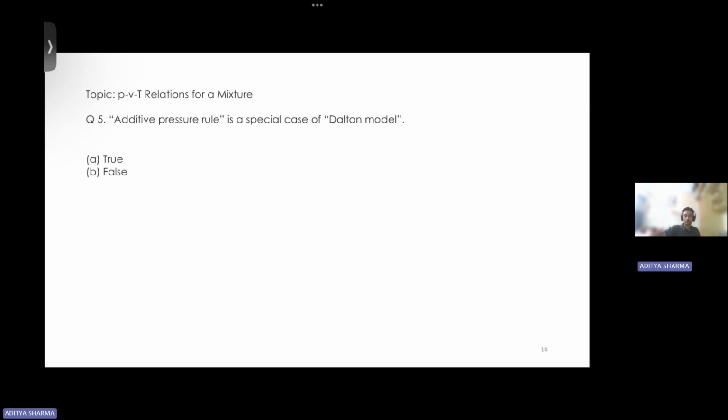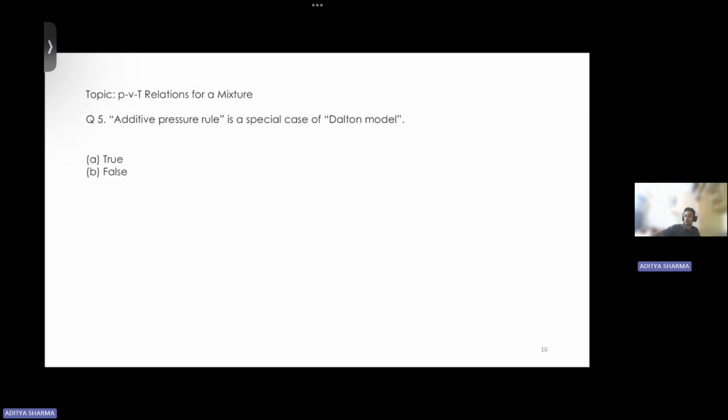This partial pressure we define on the basis of the total pressure of the mixture and the mole fraction of the component for which we are trying to find the partial pressure.